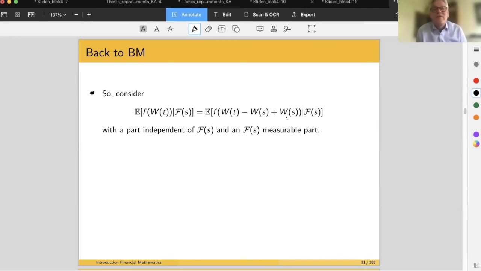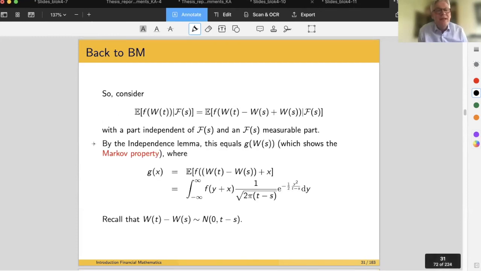We have done nothing in particular; we have just subtracted and added the same quantity. But now we have a part which is independent of F_s, the first part, and an F_s measurable part, the second part. Now we can use our tricks and techniques to take it from here.